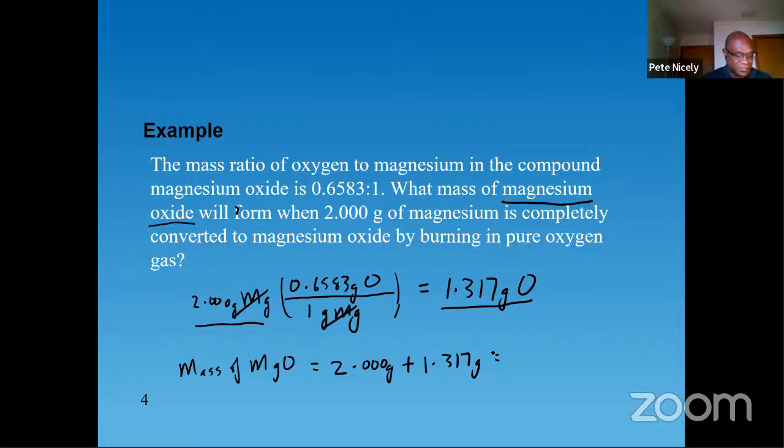So the answer I got is 3.317 grams. And that would be the final answer. All right, so that's basically how that is done. All right, any questions about this example?